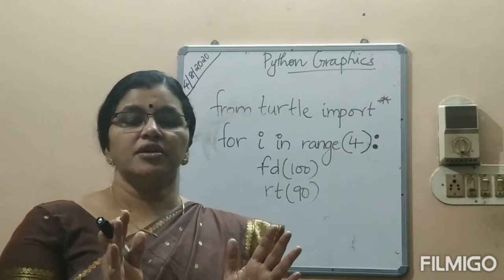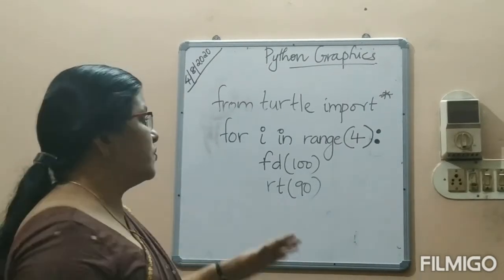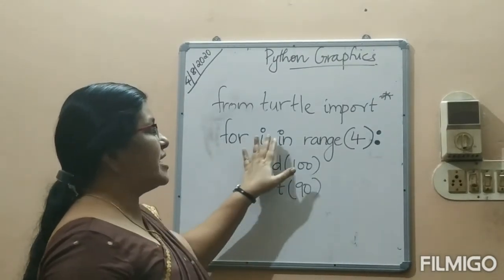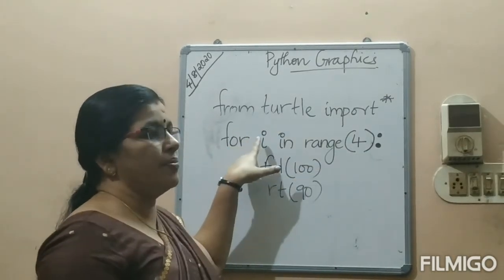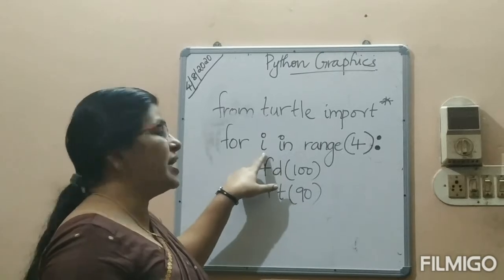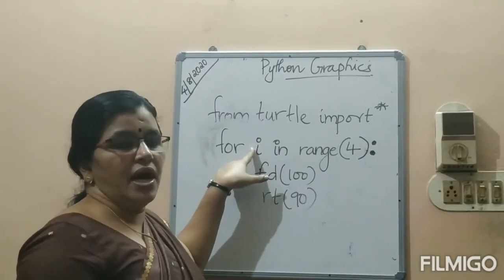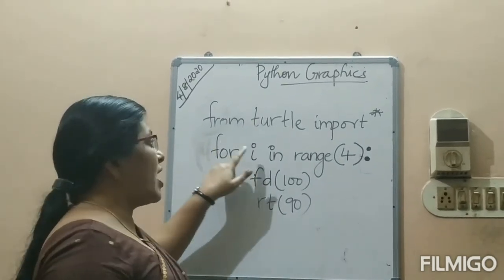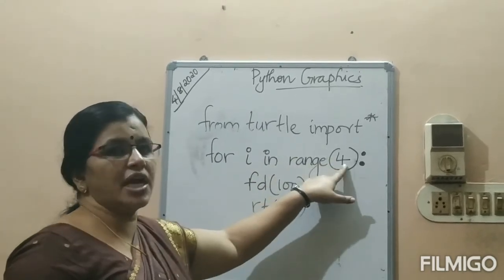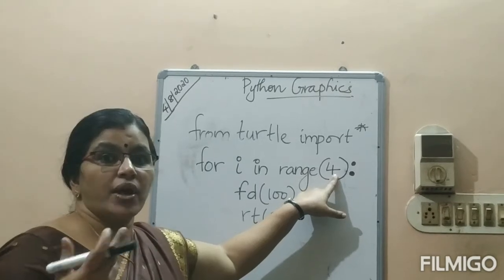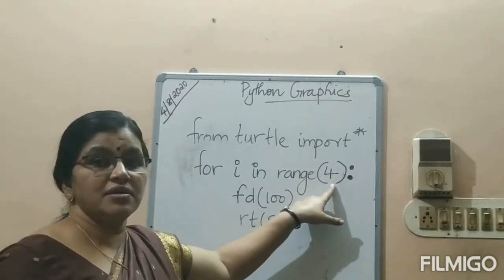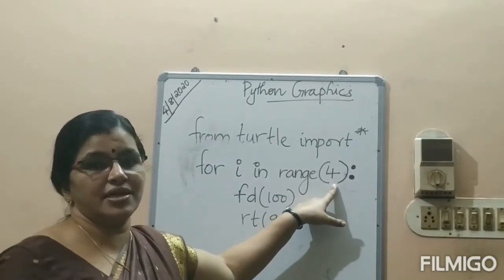Is it clear? To draw a square, you will be writing for I in range. I is a variable for counting the number of times. For I in range, how many times? 4 times. If you are drawing a triangle, how many sides are there? 3 sides.